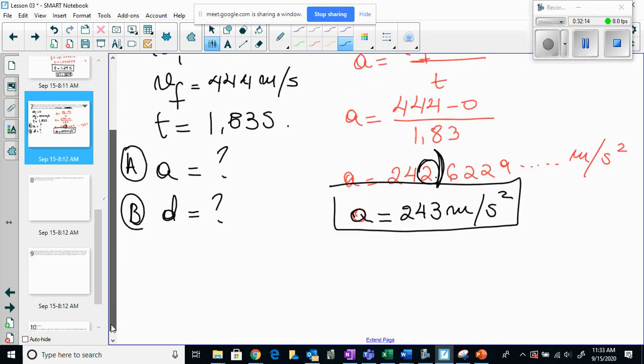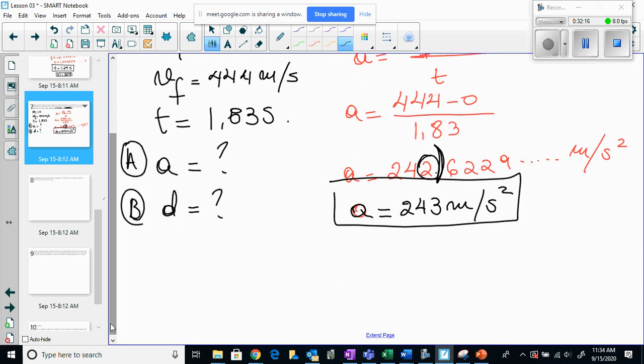And another suggestion that I will give you is to use as much as possible what the problem is giving you. Why am I saying this? Because if you are making a mistake on calculating acceleration in this case, and you are using that number to calculate the displacement, then you are making 2 mistakes.